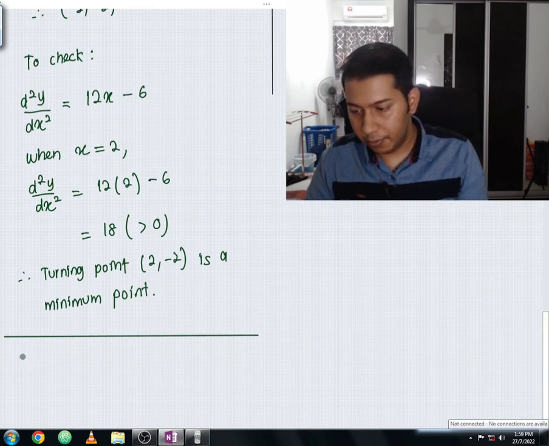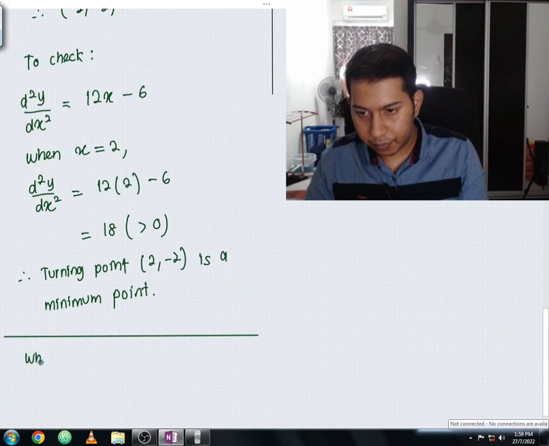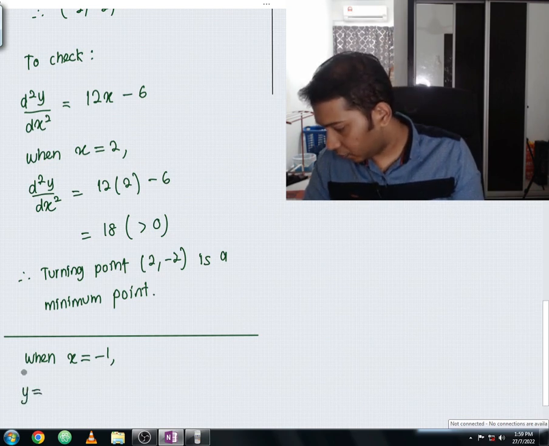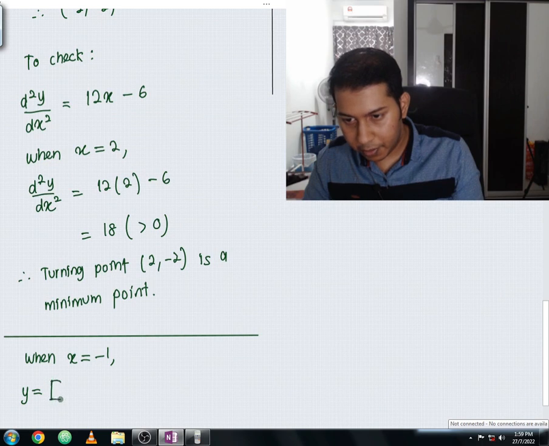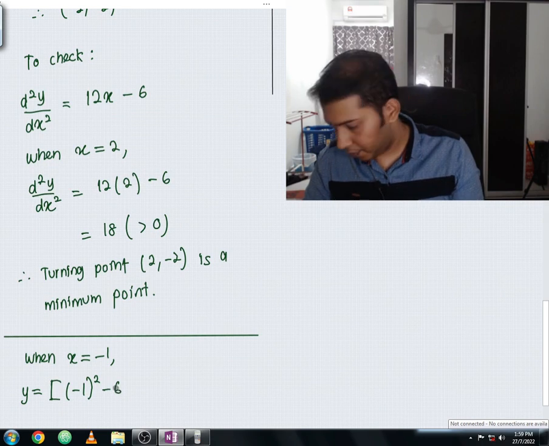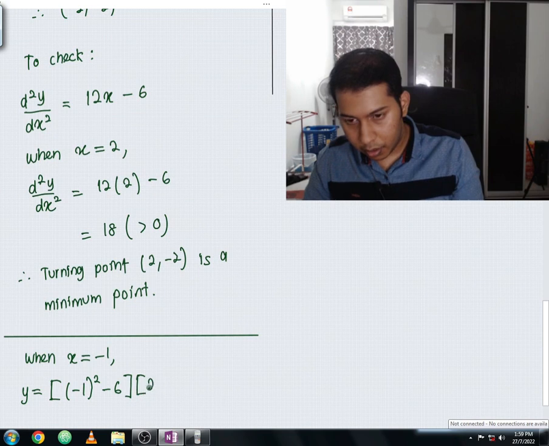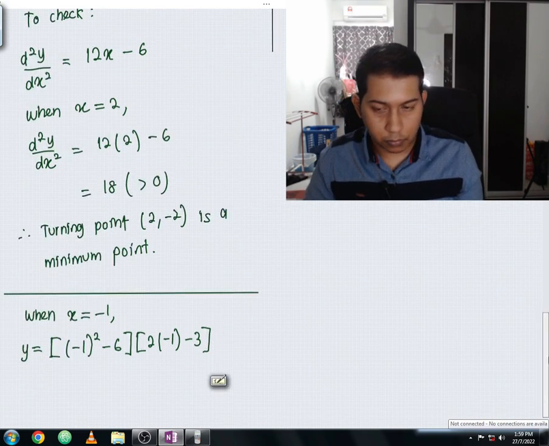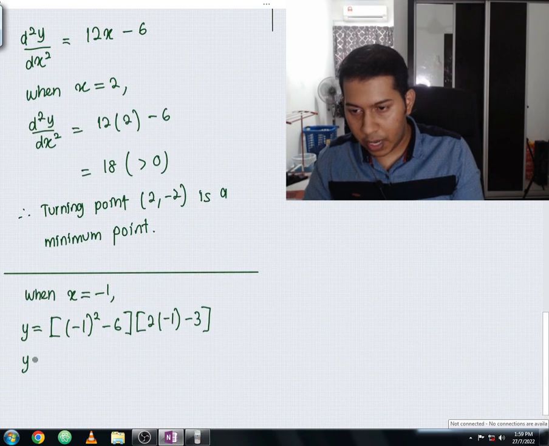Okay, when x equals to negative 1, so from here y equals to negative 1 square minus 6, okay, close bracket, times with 2 times with negative 1 minus 3. Okay, you solve this, you should be getting your y equals to 25.